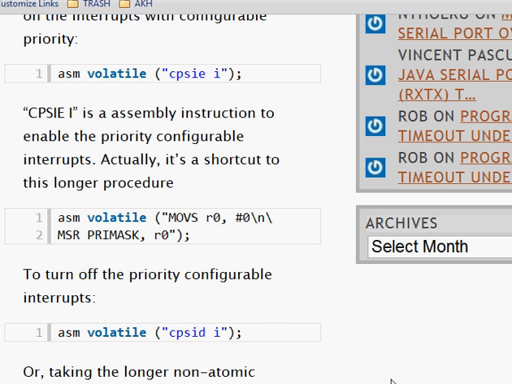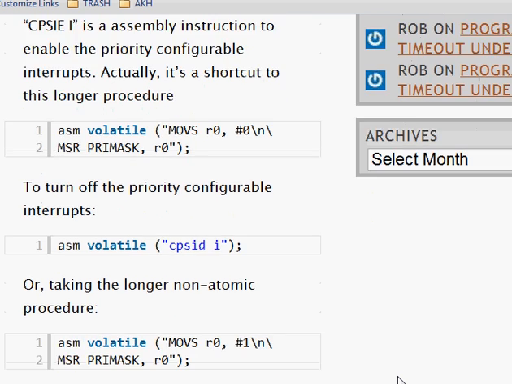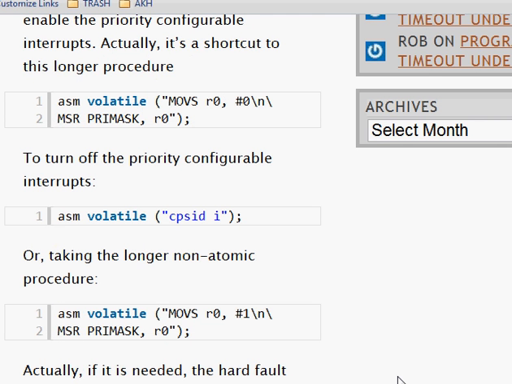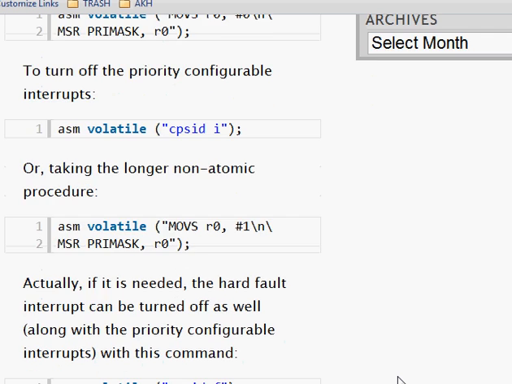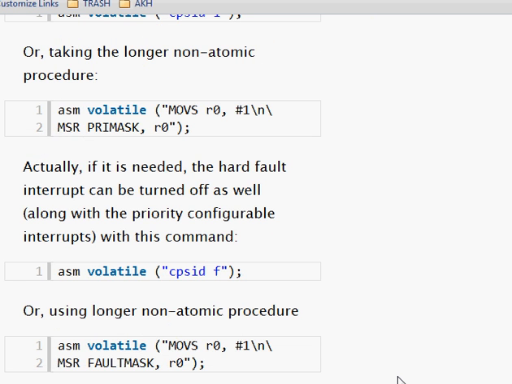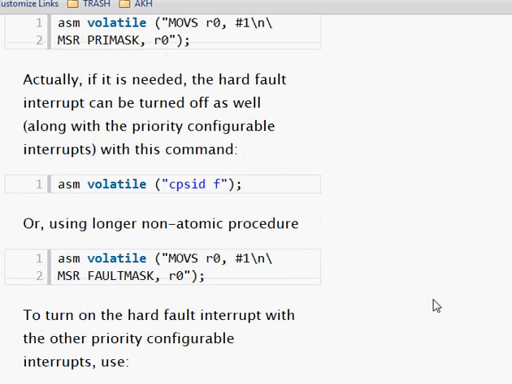Or, taking the longer non-atomic procedure, you write asm volatile MOVS R0, #1 and then MSR PRIMASK, R0. Actually, if needed, the hard fault interrupt can be turned off as well, along with the priority configurable interrupts, with this command: CPSID f, or using longer non-atomic procedures, and so on and so forth.